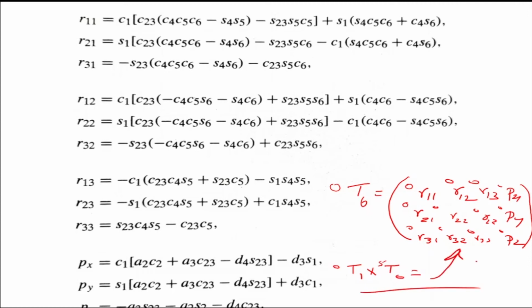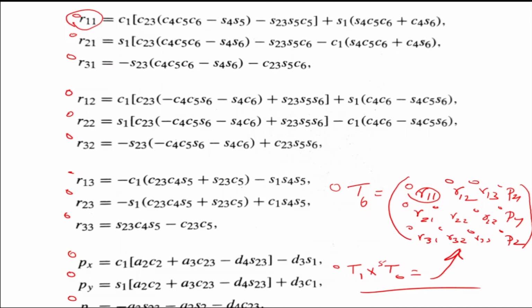Now, if you look at each of these terms, R11, which is here, let's call them R110, indicating this is with reference to the base frame. In each of these cases, you see that all the terms have sine and cos, and there is no term which does not have sine and cos.